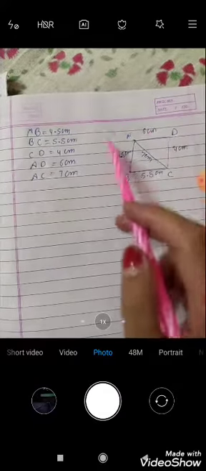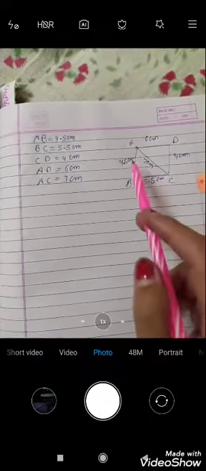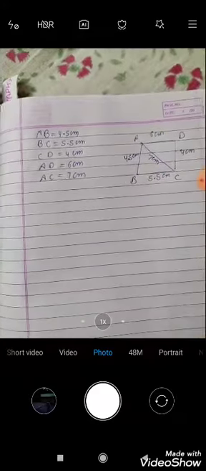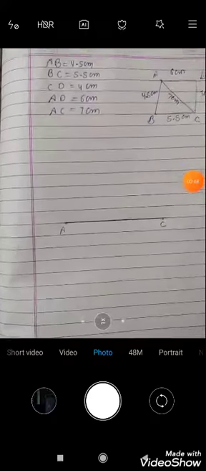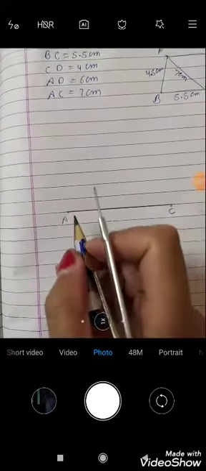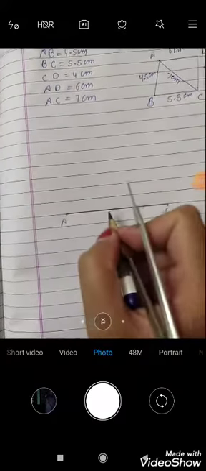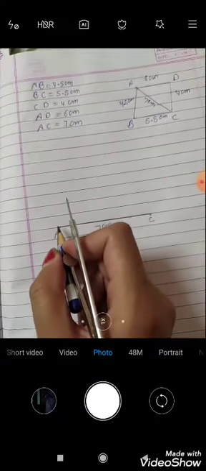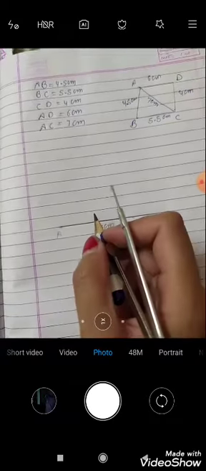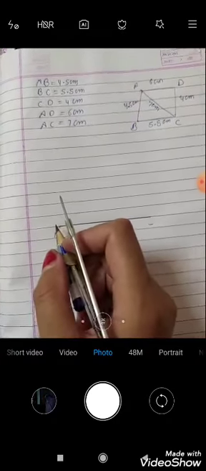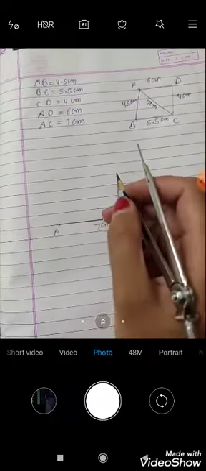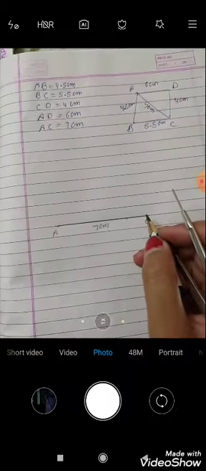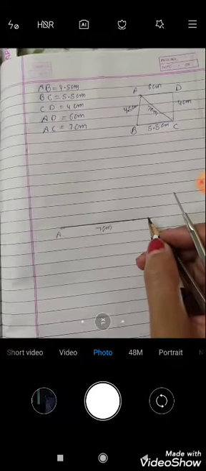We start our diagram with its diagonal. First of all we make a line segment of 7 centimeter. Here I draw line segment AC of 7 centimeter. From the point A, I draw an arc of 6 centimeter, and from the point C, I draw an arc of 4 centimeter.